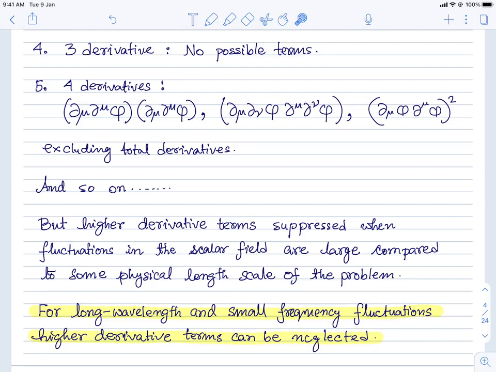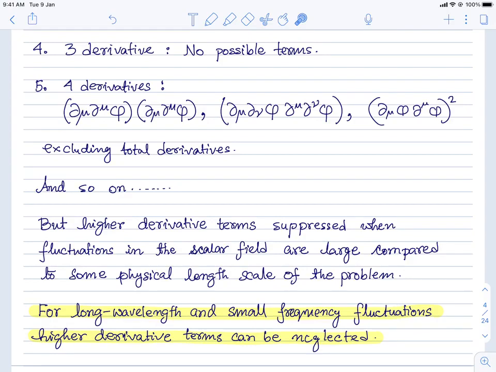If the wavelengths are longer than this intrinsic length scale, then you can safely ignore these terms because of their higher derivative nature.